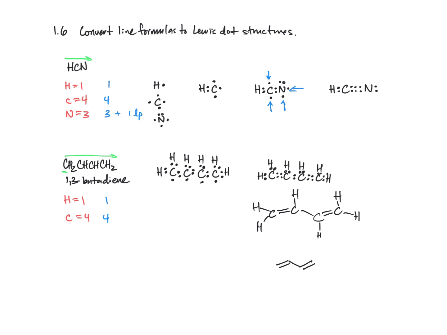These are 3 different ways of communicating 1,3-butadiene. This has been problem 1.6 from your textbook, Converting Line Formulas to Lewis Dot Structures.